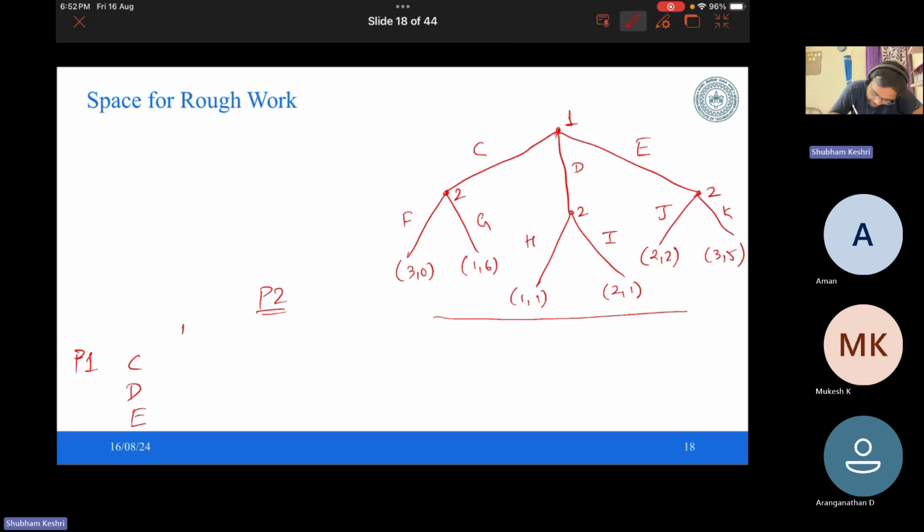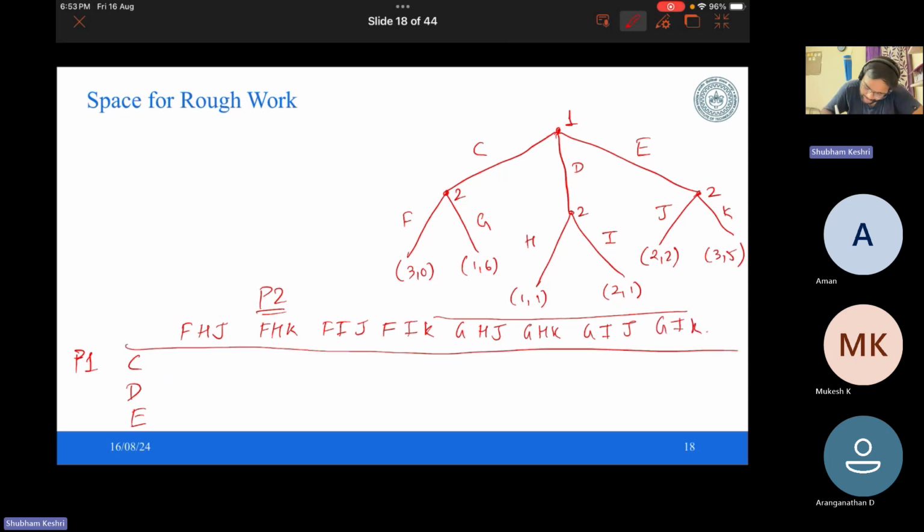The strategies are F, H, J; F, H, K; F, I, J; F, I, K; G, H, J; G, H, K; G, I, J; and G, I, K. All right, so these are the strategies for player 2. Is this okay? Why am I drawing the game table like this?